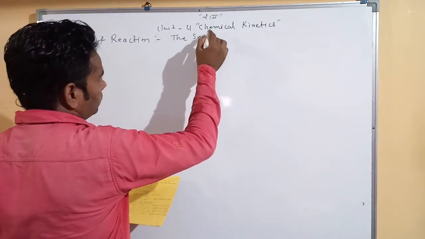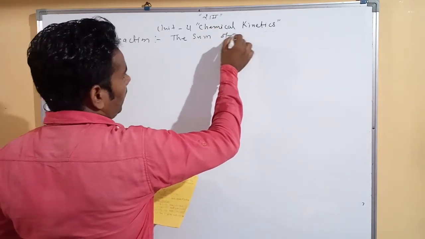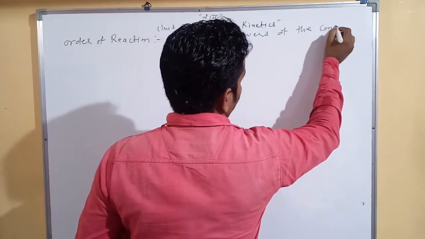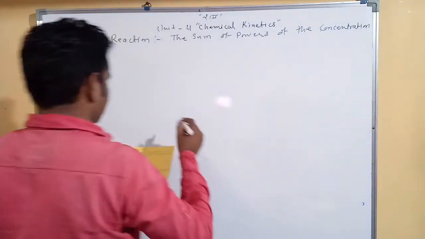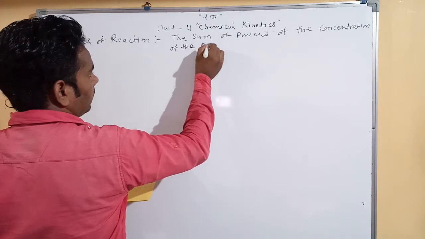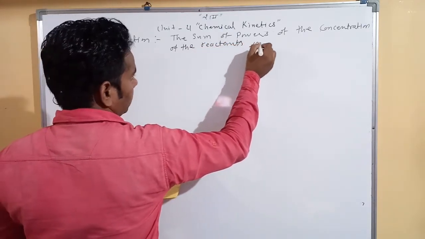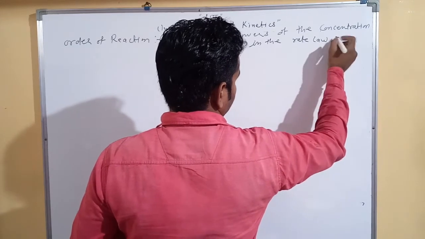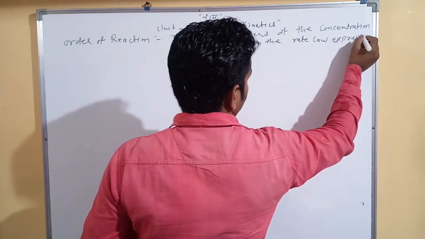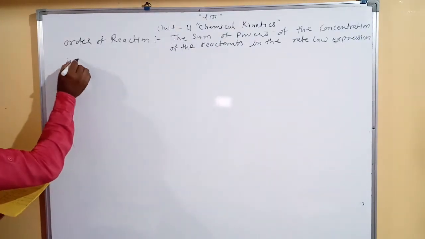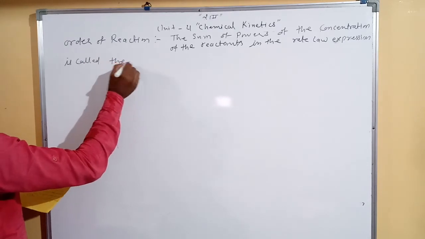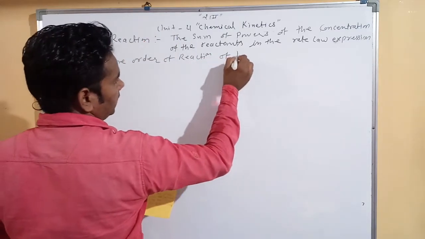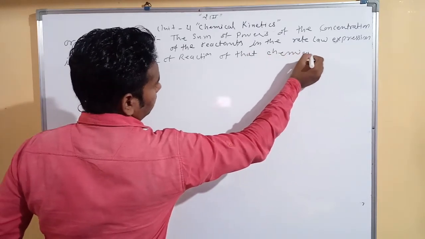The sum of powers of the concentration of the reactants in the rate law expression is called the order of reaction of that chemical reaction.